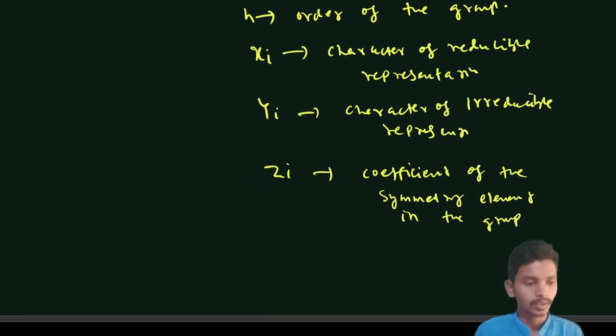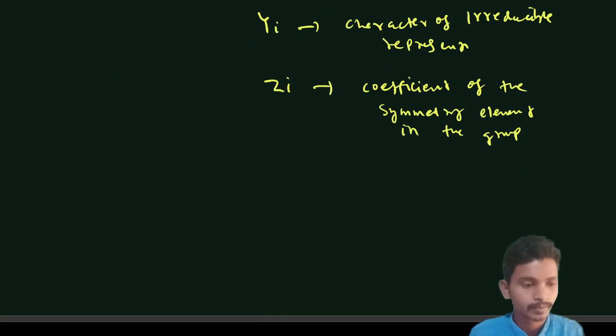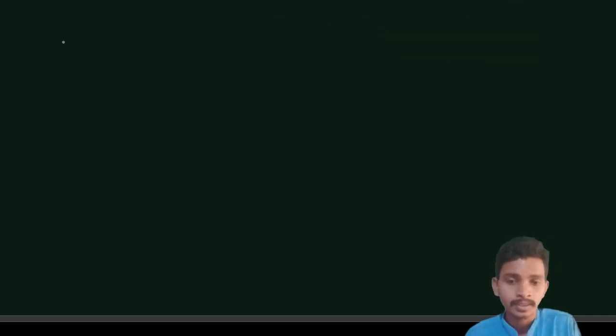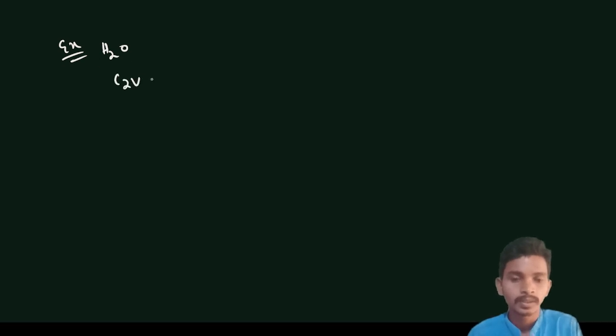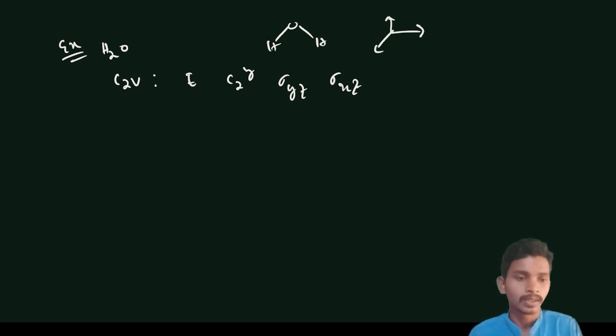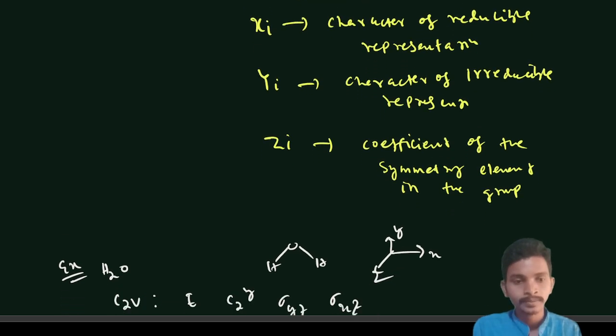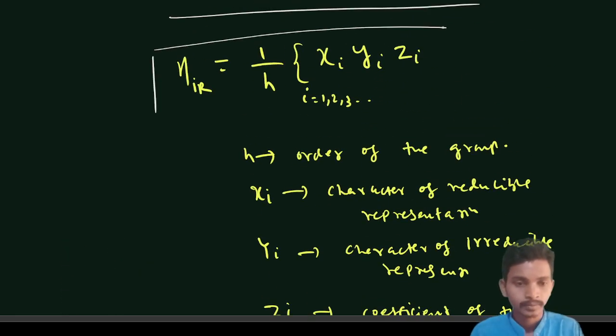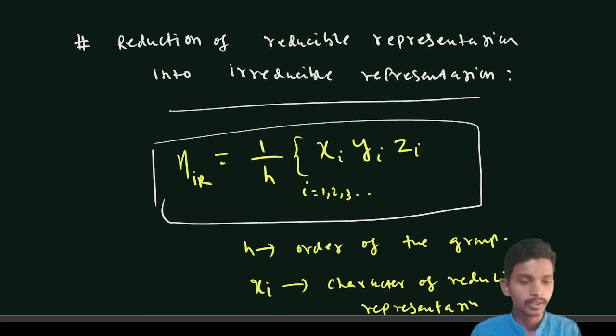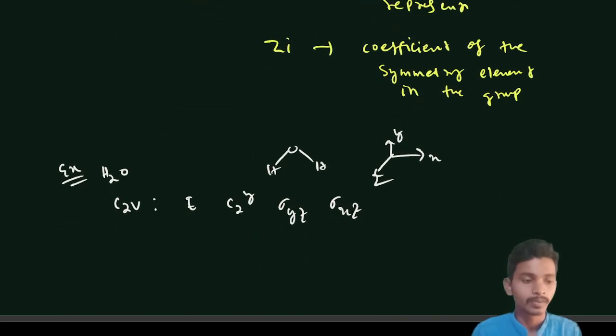So we will draw that if given any characters of, let's take the example of water, then its point group is C2v, and its symmetry elements are E, C2(y), sigma YZ, and sigma XZ. Water is this, and let's say we are taking here X, here Y, and Z. Okay, so we will use this formula to draw the irreducible representations from reducible representations.